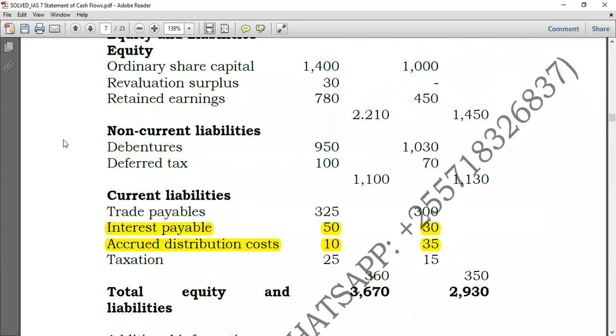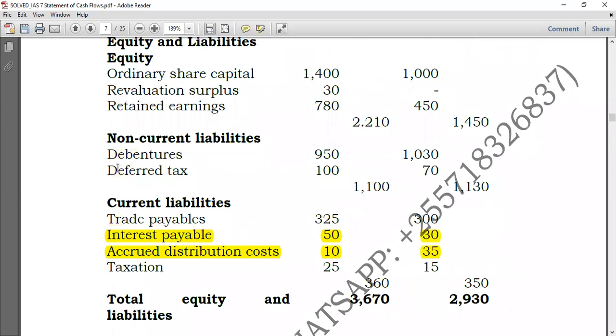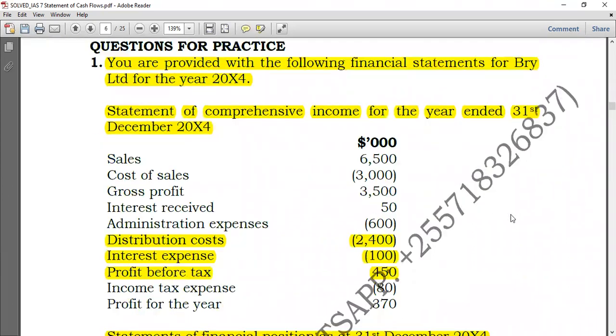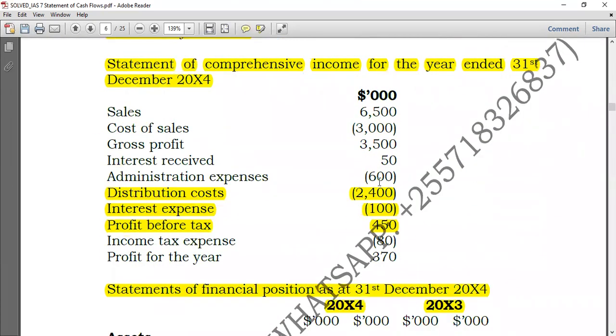So let me tell you one thing. What if you came to the statement of financial position and you didn't find this accrued distribution cost? Do not worry, just presume that we opened with 0 and we closed with 0, so the difference is 0. So do not hustle and ask yourself, now what should I do about this 2,400? Just leave it alone. Why do I say leave it alone?